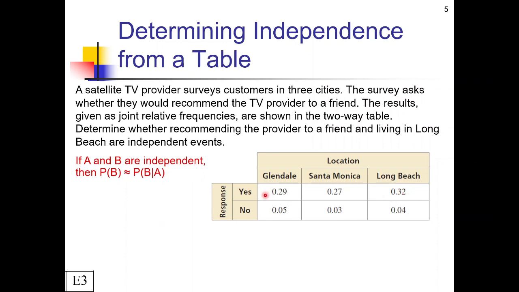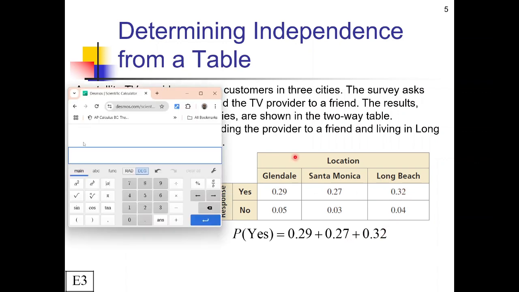So let's figure out yes first. To get that probability, I just need to add my three yeses together here, 0.29, 0.27, and 0.32. Let me get out the calculator. So 0.29, 0.27, 0.32 comes out to about 0.88.